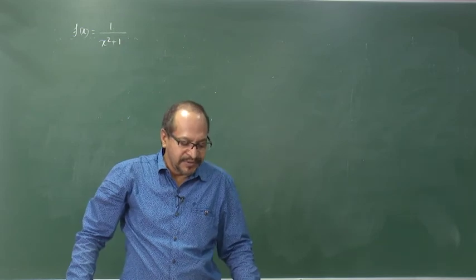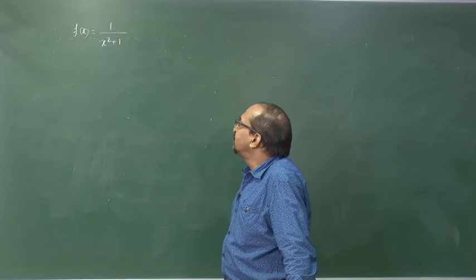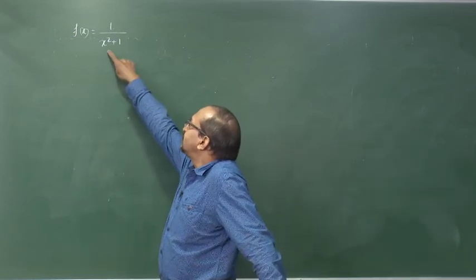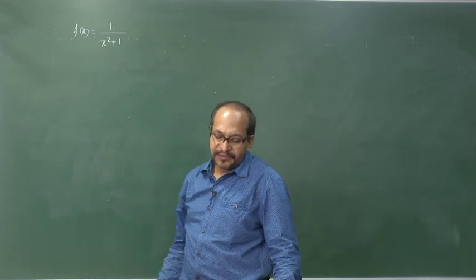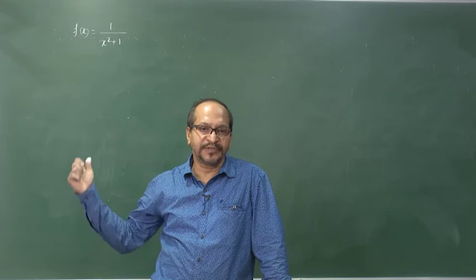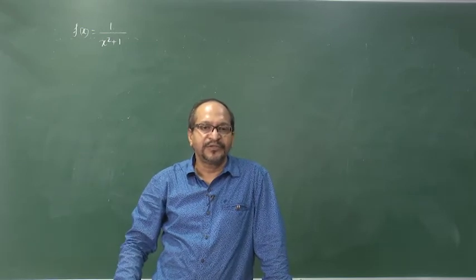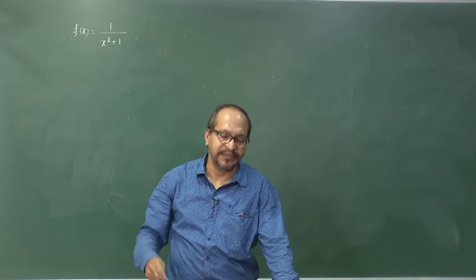First, we have to see what is the domain and range of the function. Obviously, for the x values, the entire real number set, the function is defined. So, both domain and range are the entire real number sets.